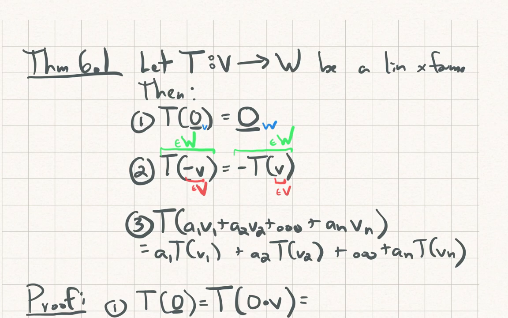And the third thing is that if you have a linear combination of vectors, well, you can just take the linear combination of the transformed vectors and then scale them by the same scalars, and you'll get the same thing. So there are the three things we need to show.